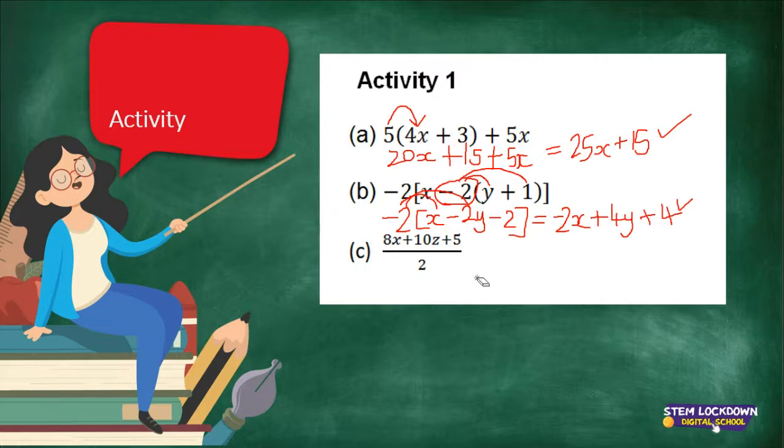Please remember your laws, please remember your rules, right? I'm giving you enough time. Some of you will finish this within minutes, right? So the first step should be done already. But let me not disturb you and allow you to complete C.